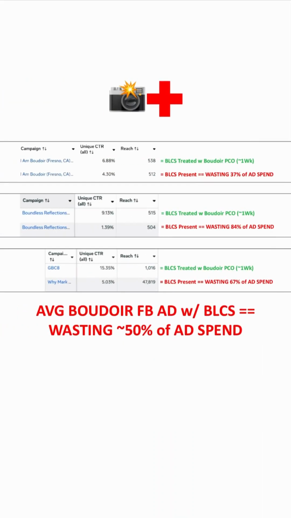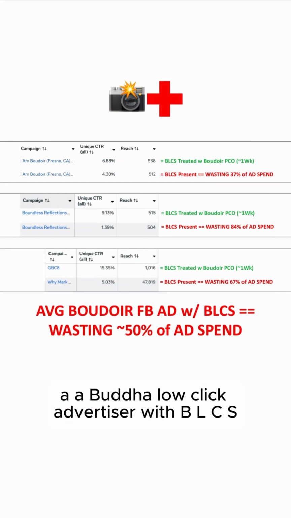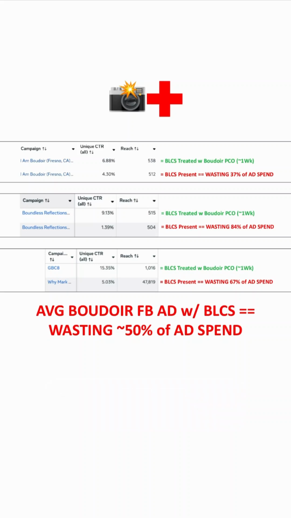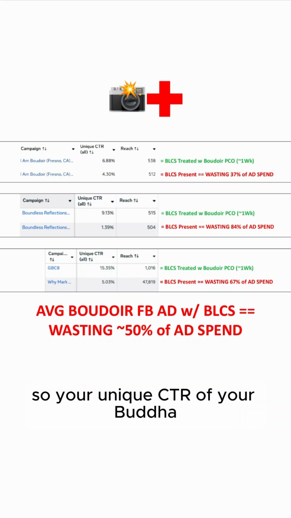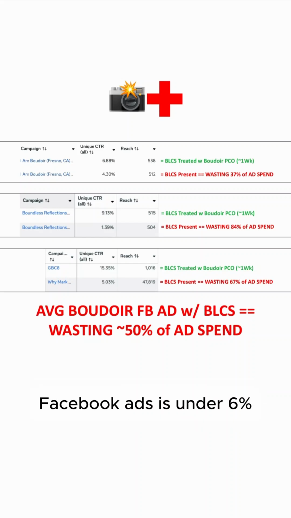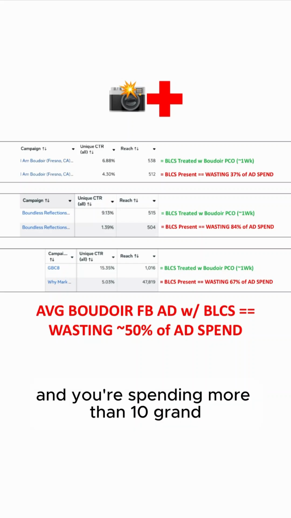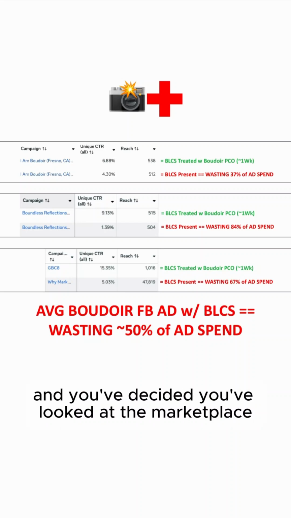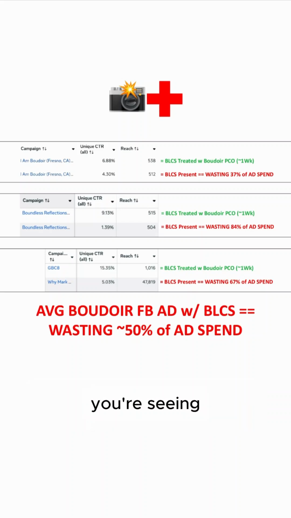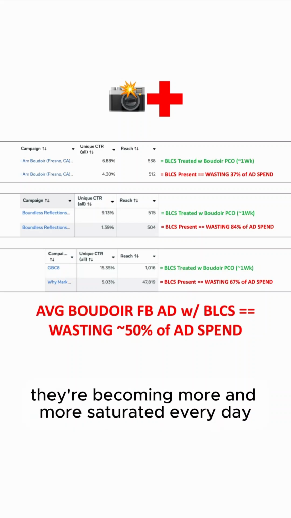So now, if you're a BLCA, a boudoir low click advertiser with BLCS, and so your unique CTR of your boudoir Facebook ads is under 6%, and you're spending more than 10 grand a month on boudoir Facebook ads, and you've looked at the marketplace, you're seeing it become more and more saturated every day.